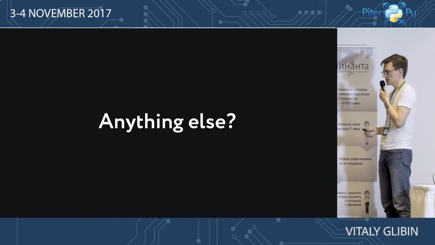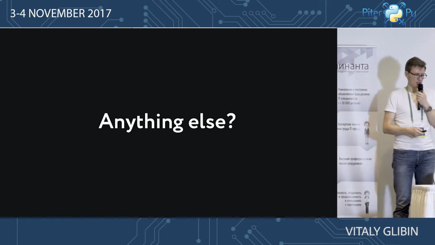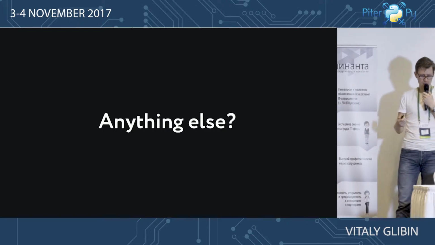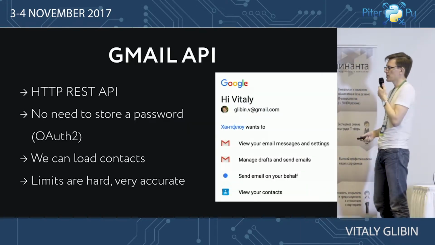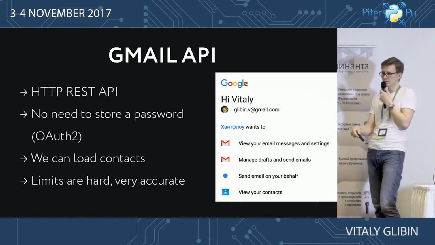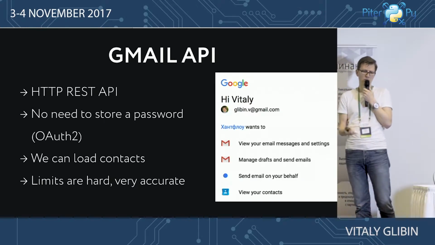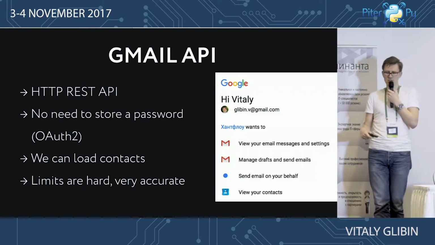I have covered the protocols, but there are two more things I would like to mention. The first thing is, of course, Gmail. It supports the standard protocols, and it has an API. Why?